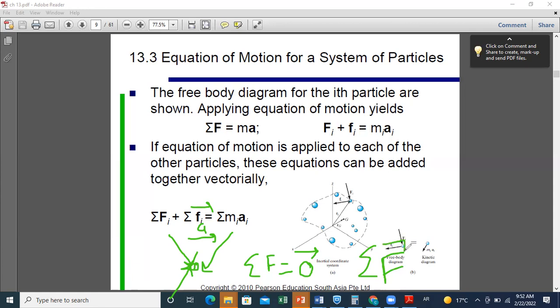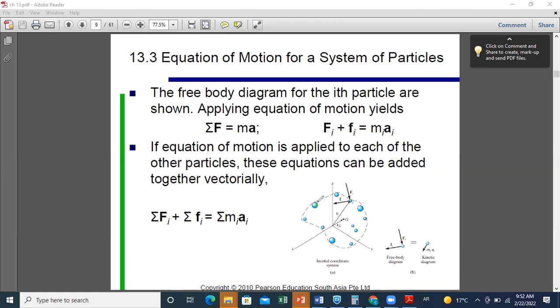Now, what if we have several particles? What should we do? If we have several particles, then we should consider each particle and what are the forces acting on each of them. And of course, whenever you have a system of particles, you have interaction between particles.